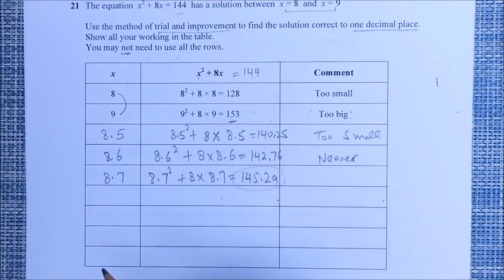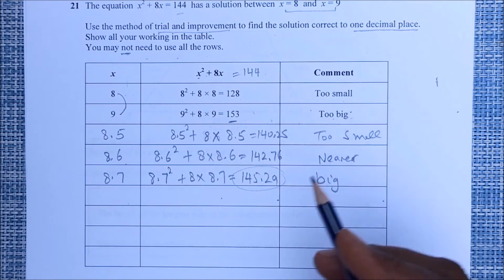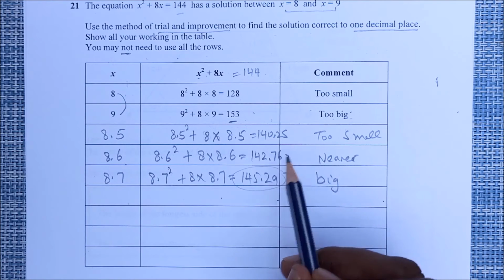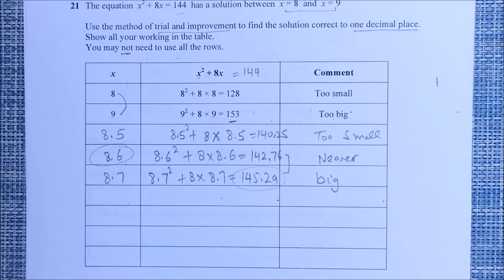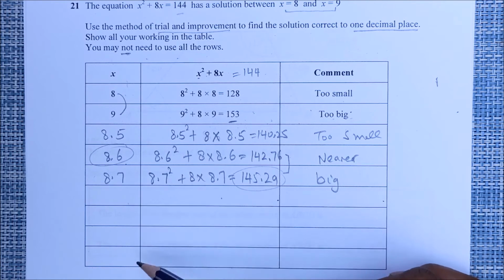We can see this value is bigger than 144. So the closest value here is 8.6, so our answer is 8.6. We can try more values, but you need not use all the rows. If you are getting the nearer value before you fill all the columns, it's okay. So our answer is 8.6.